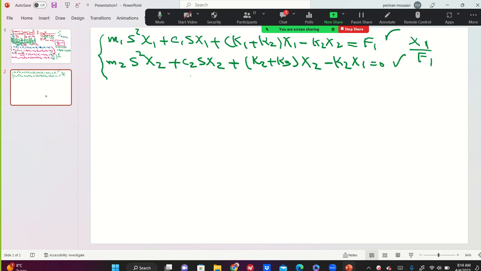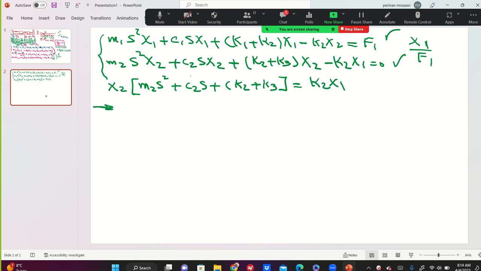So from here, you know that x2 can be written as (m2 s squared plus c2 s plus k2 plus k3) x2 equals k2 x1.